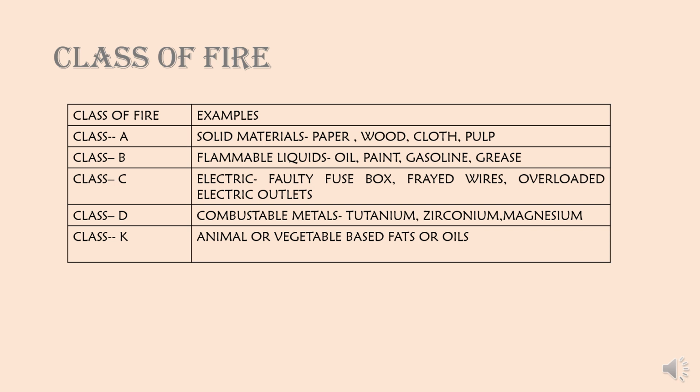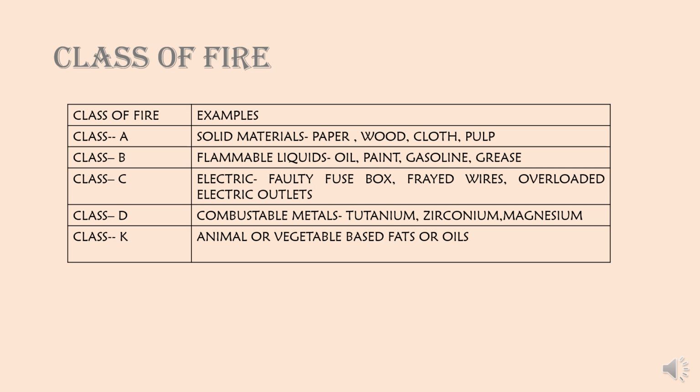Now, the class B fire consists of flammable liquids or gases like gasoline, oil, natural gases. A variety of fire extinguishing agents are used on flammable liquid fire, employing for fire extinguishment.